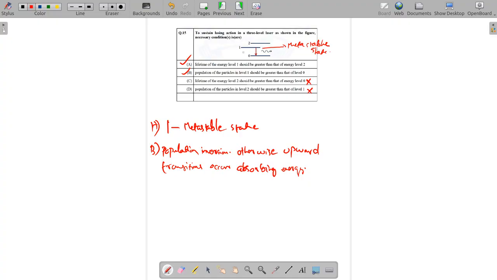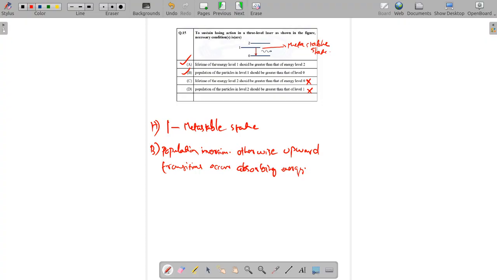Suddenly the population in 1 will be higher than that in 0. So then any single photon ejected will cause the stimulated emission in all the other atoms, causing a lasing action.